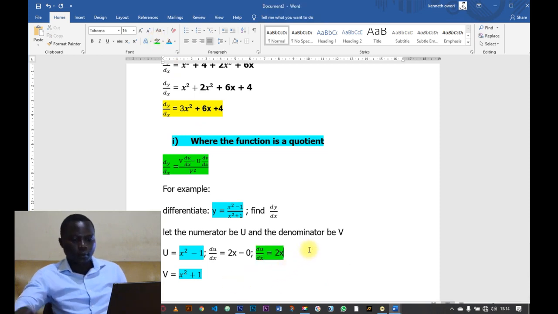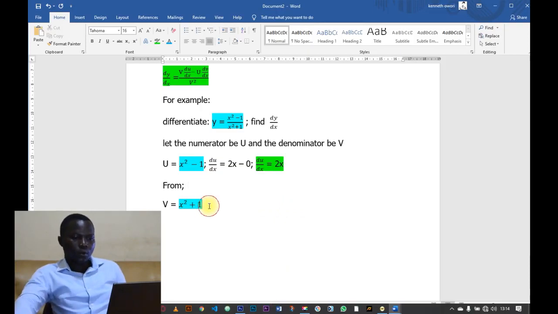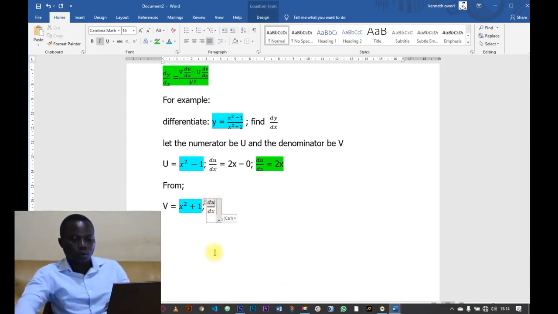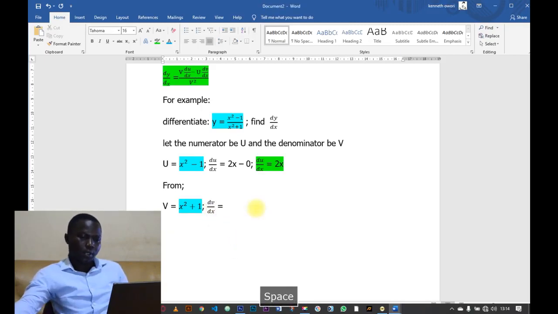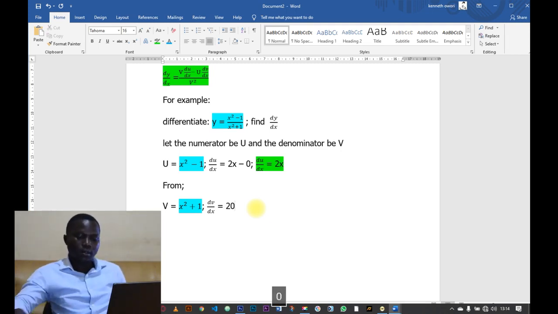Then from v equals x squared plus 1, we can also differentiate it to find dv dx. So our dv dx would be obtained by differentiating that expression x squared plus 1. If we differentiate x squared, we get 2x.